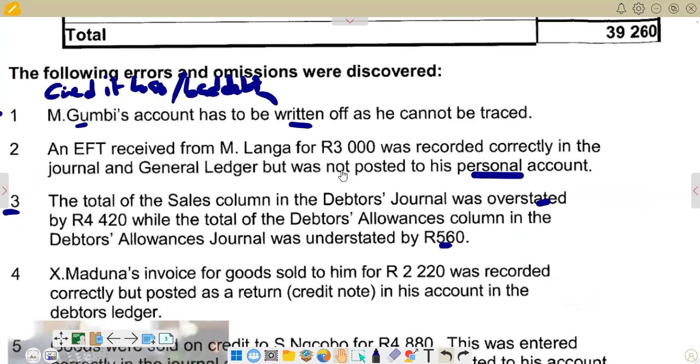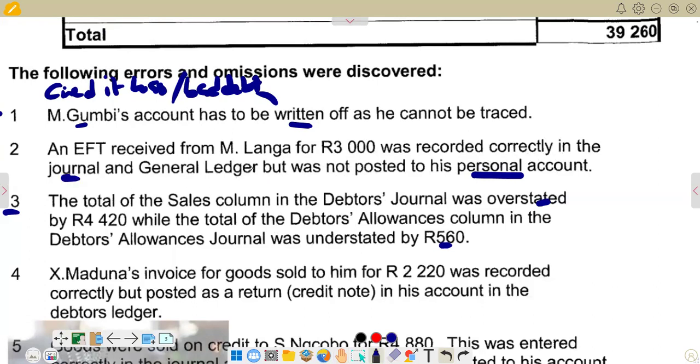Whenever a debtor makes a payment, we are supposed to reduce the amount that debtor is owing, because that person has paid part of the amount he or she owes. So this 3,000 is only affecting the debtors list, but it's not affecting the control, since the statement is saying it was correct in the journal.